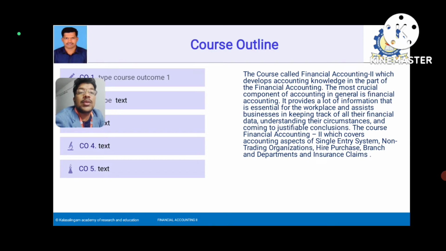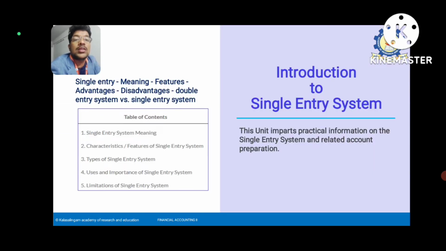In this session we are going to discuss the main features of the single entry system. Next we will discuss the characteristics, also known as the features or nature of the single entry system.